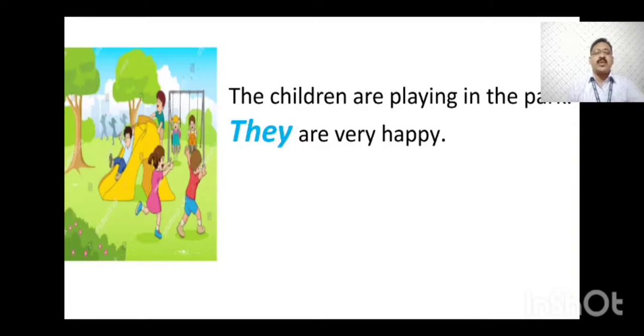As I told you, don't repeat the sentence again and again. If you are talking about the same noun, you can use the pronoun in place of that noun. So in the second sentence I have written they in place of the noun children.